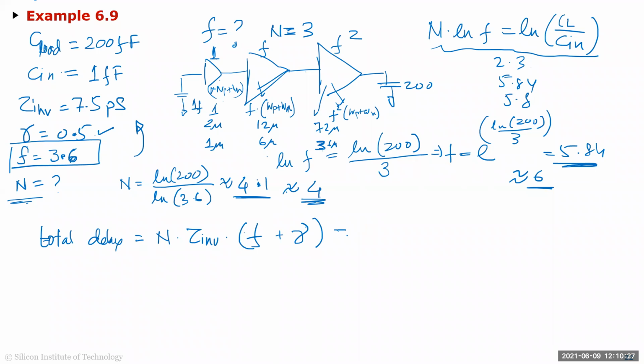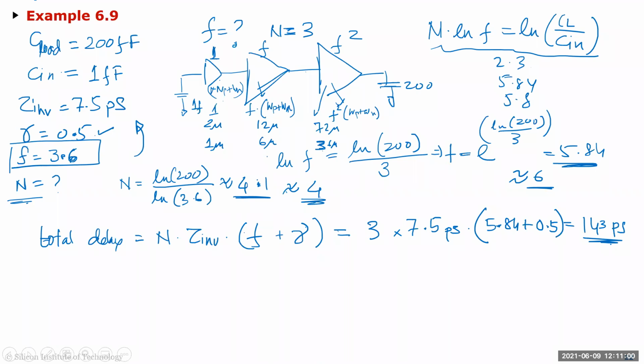So let's calculate the first one. The first one was given to us with 3 stages. Tau inverter is 7.5 picosecond, and the fan out for the first one was 5.84. If you do this calculation, you'll get approximately 143 picosecond.